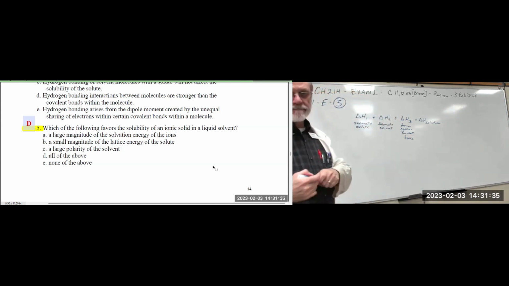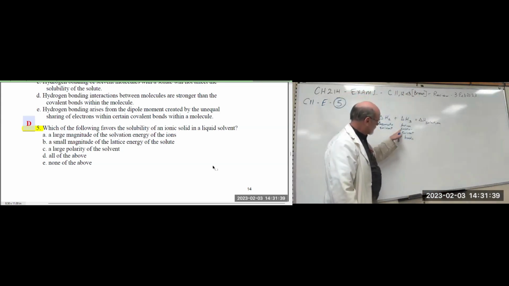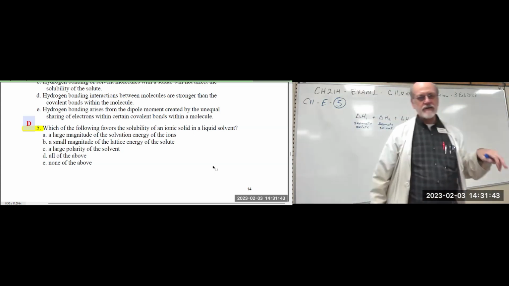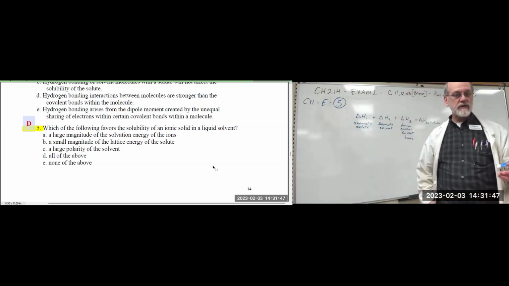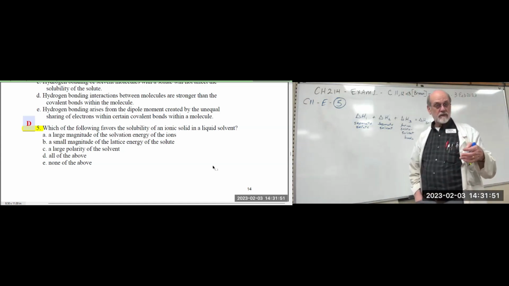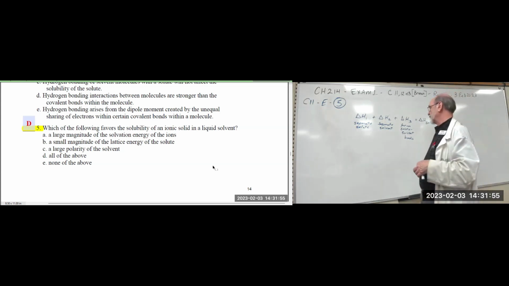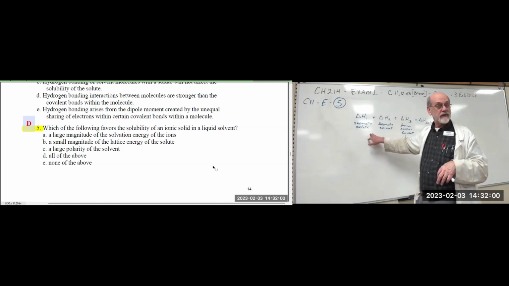Okay. What they're talking about with solvation energy is this, the formation of those bonds. So if there is a large magnitude of solvation energy of the ions alone, does it favor the solubility? Well, you can't tell until you know how much energy you had to put in over here.